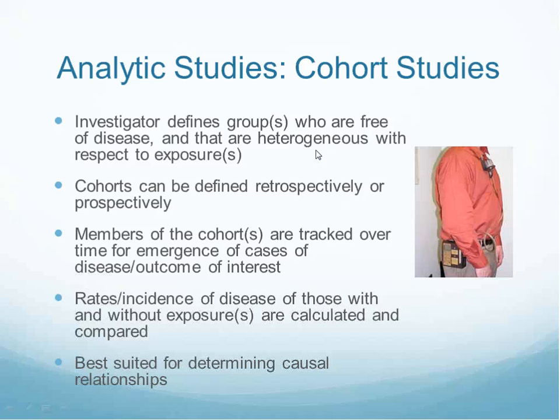You don't want everyone in your study to have the same exposure, because then you'd have no basis of comparison. But you then follow them forward, you're able to assess exposure moving forward, and then you look for the disease to develop. And then you're able to calculate the risk of that disease in relation to the exposure.